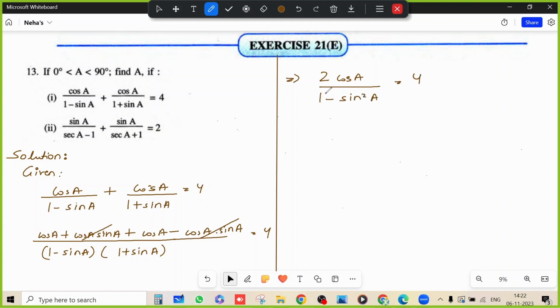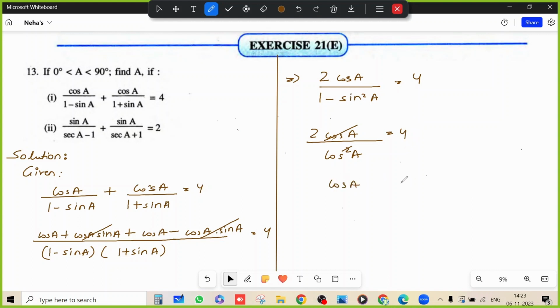Now we know that 1 minus sin square A can be written as cos square A by the trigonometric identity that sin square theta plus cos square theta is equal to 1. Therefore 1 minus sin square theta can be written as cos square theta. Now the numerator here is 2 cos A. So cos A will get cancelled out in the numerator and denominator, and we are left with 2 by cos A is equal to 4.